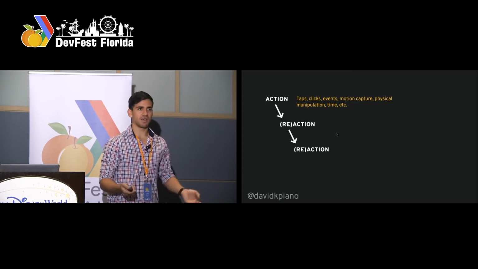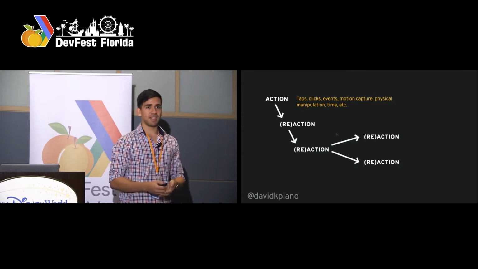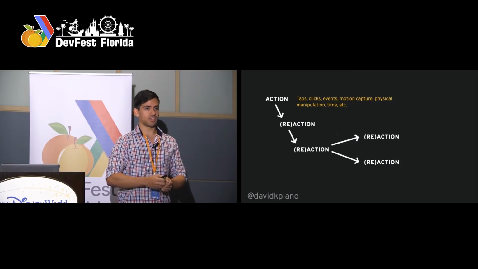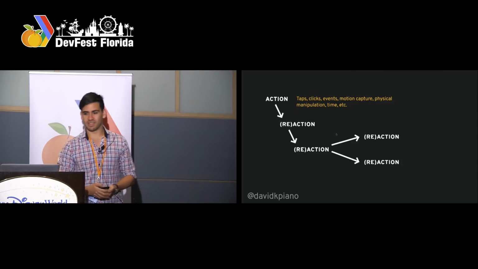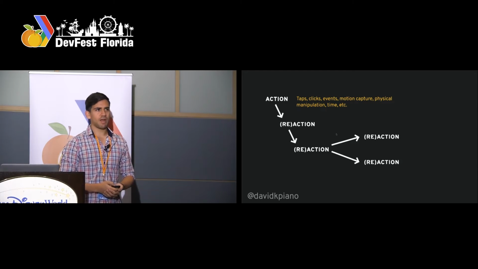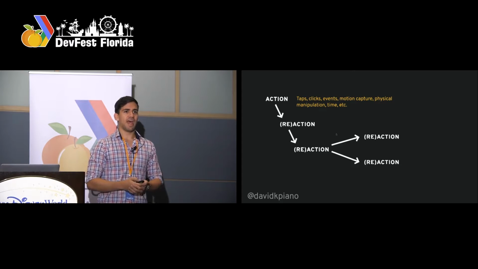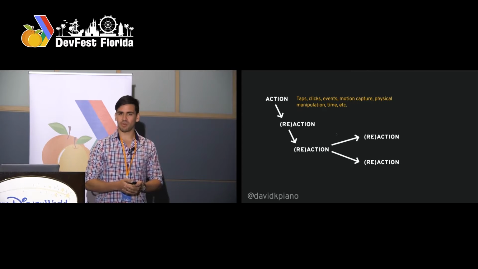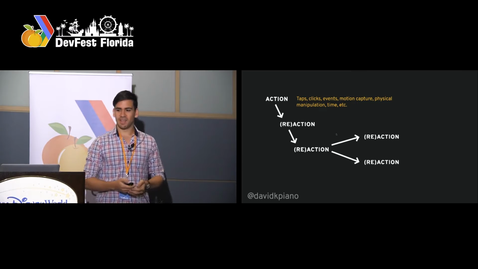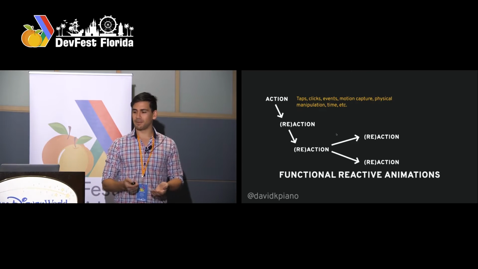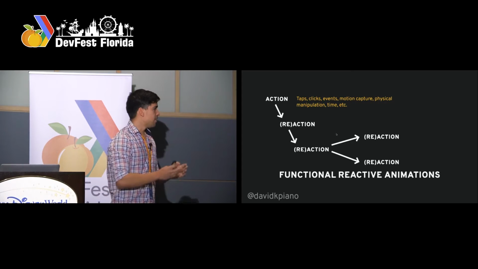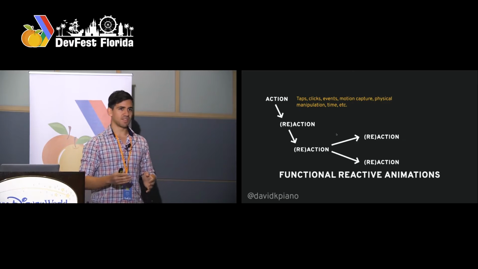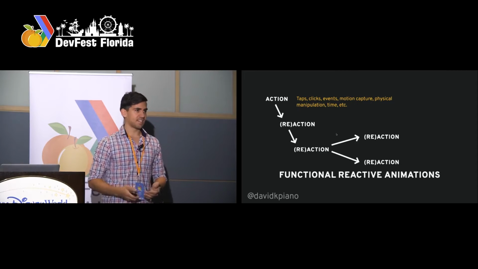So these reactions could cause reactions upon themselves, and a reaction could cause reactions on many different things. And so I was thinking a while ago, how does this translate to animations, especially when we're talking about user interfaces? And I found a paper written in 1997 about functional reactive animations that talks about this exact same topic.